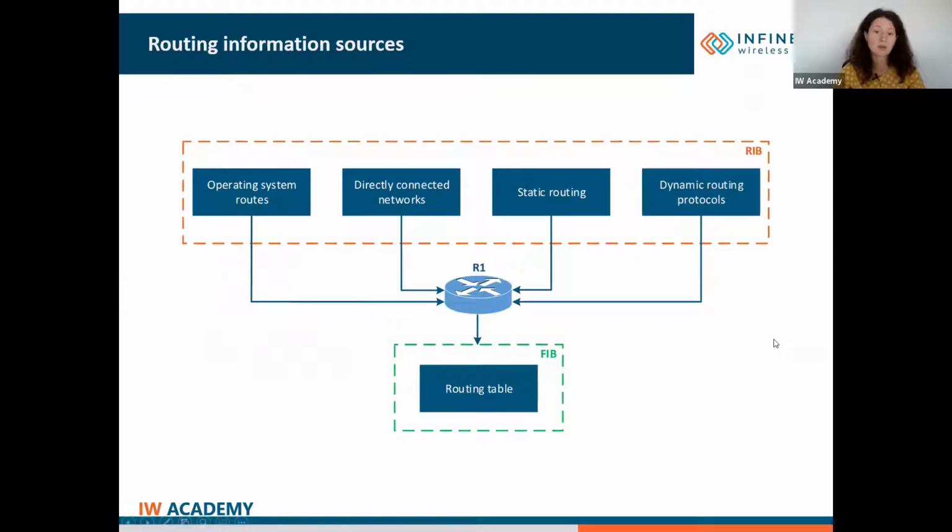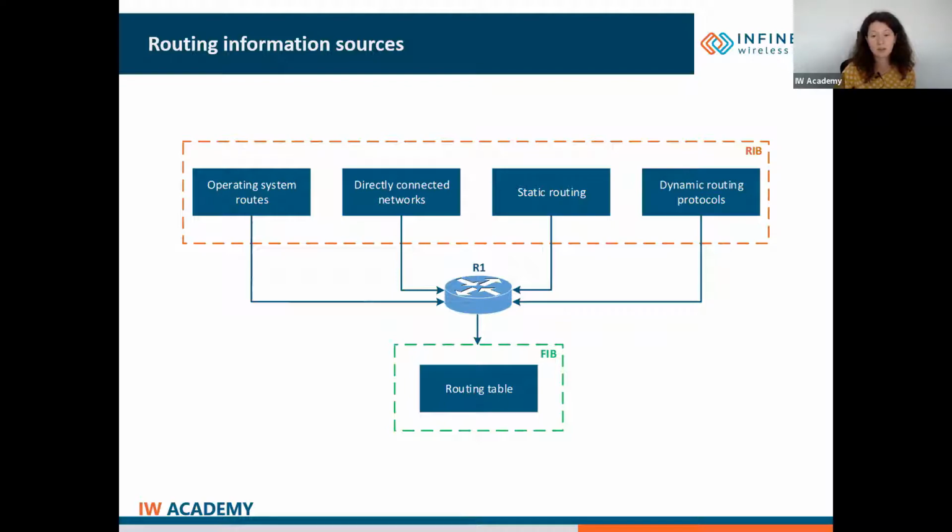The following sources are used for filling the routing table. Kernel routes, represented by the service networks used by the device's operating system. For example, 127.0.0.0/8, which is the local network, as you know. Next, we have the directly connected networks, or the networks to which the device is directly connected.